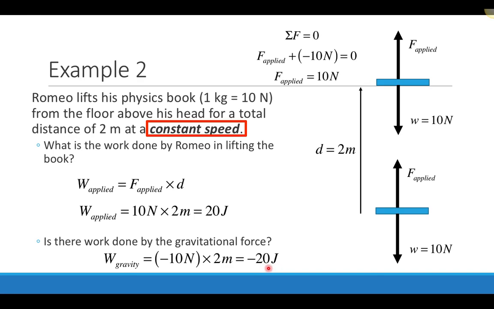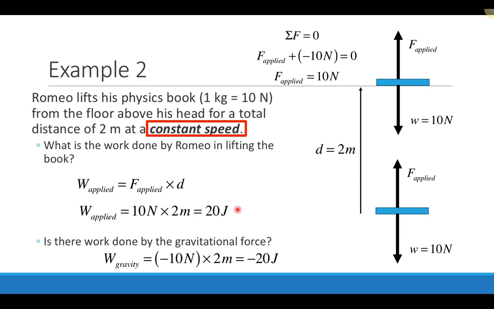So we mentioned the fact that the work can be positive or negative. In the first case, where the applied force is doing work, it's actually helping the block move upward, versus gravity, which is actually hindering the motion. So as Romeo lifts the book, gravity is actually pulling back down, and so it's hindering the direction of the motion.